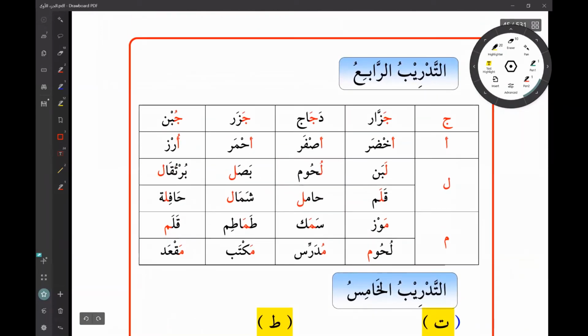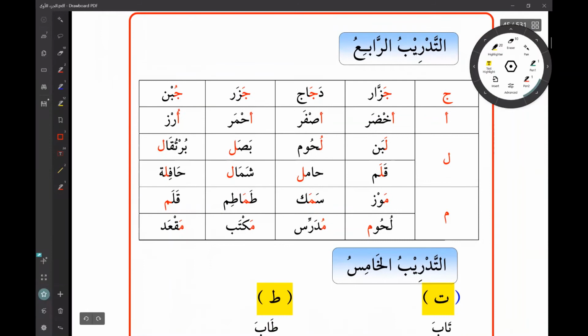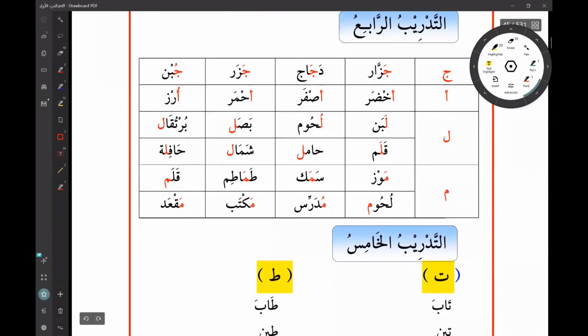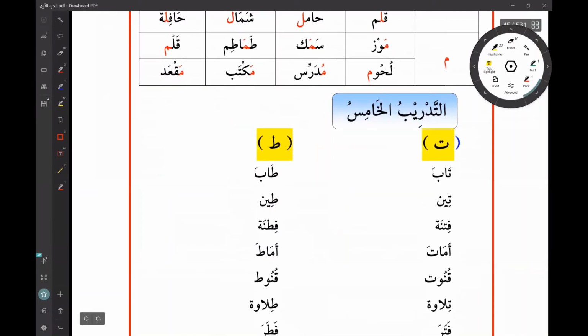The next one is at-tadrib al-rabi', which is the writing exercise. Something that you should go through by yourself, okay? And then we have tadrib al-khamis, which is listening or hearing.